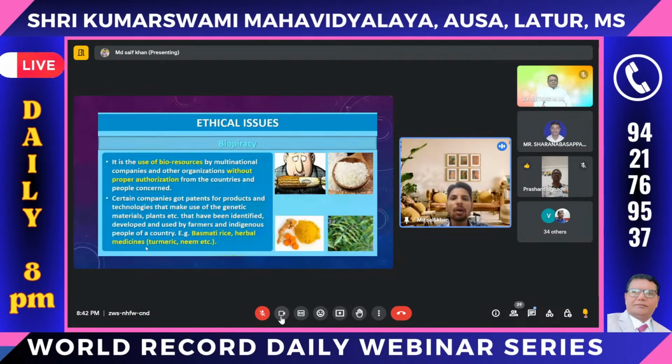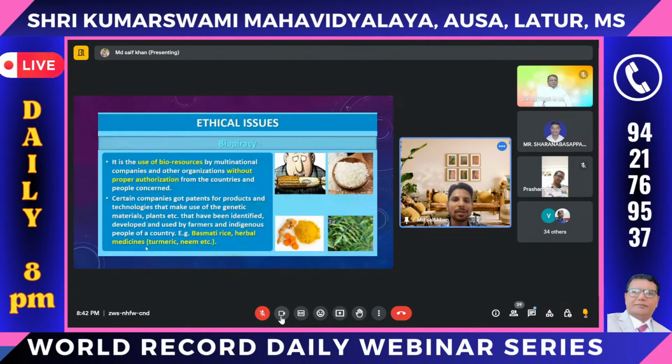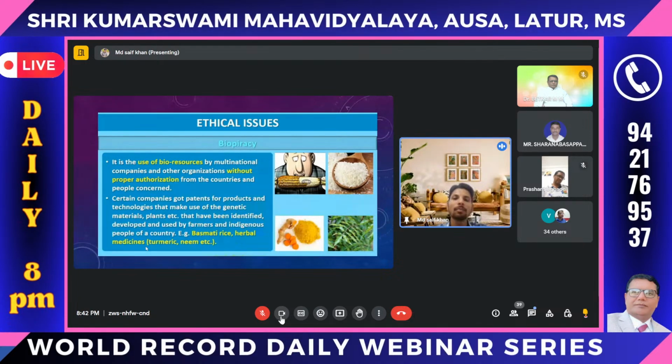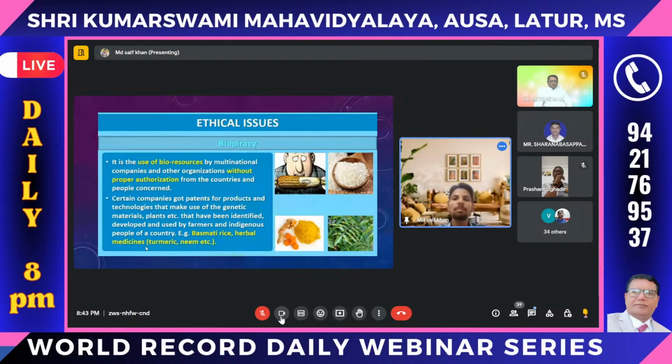Certain companies got patents for products and technology that make use of genetic materials, plants, etc., that have been identified, developed, and used by farmers. Means some companies have patented products such as basmati rice and herbal medicines like turmeric and neem.